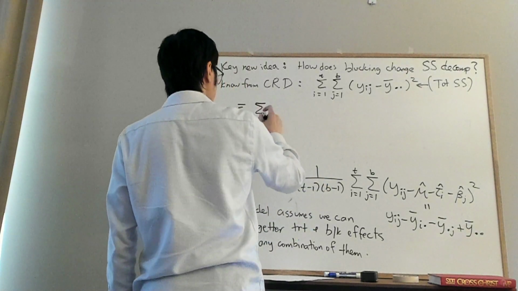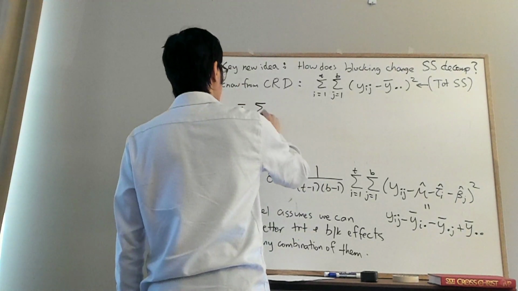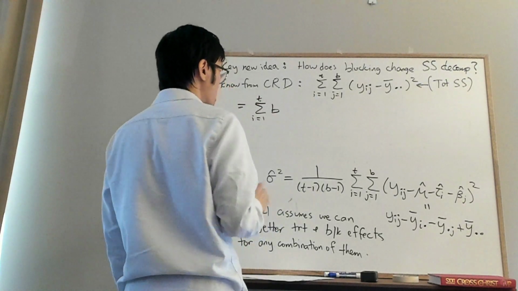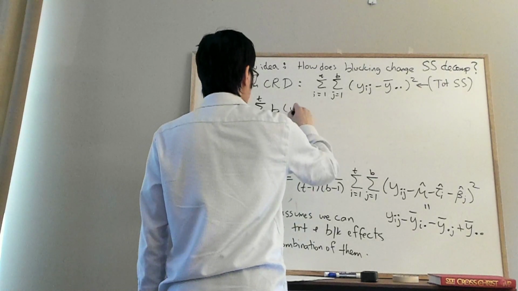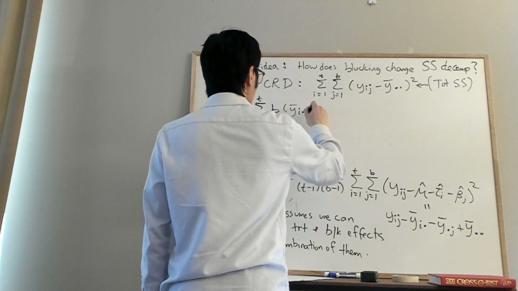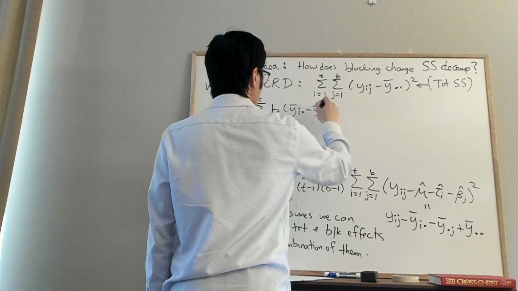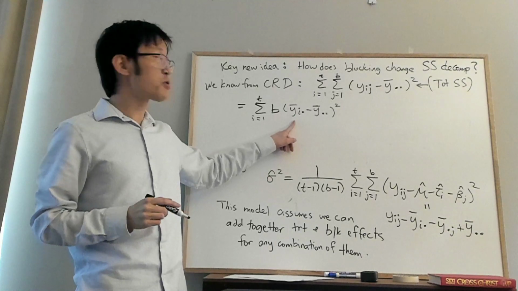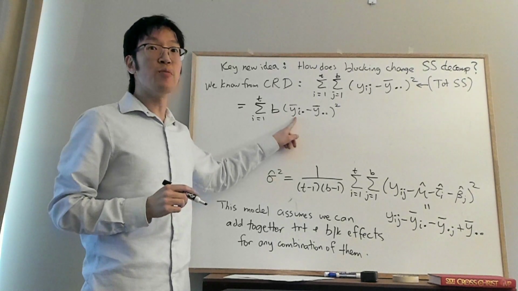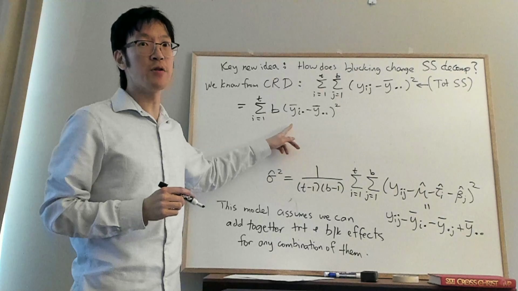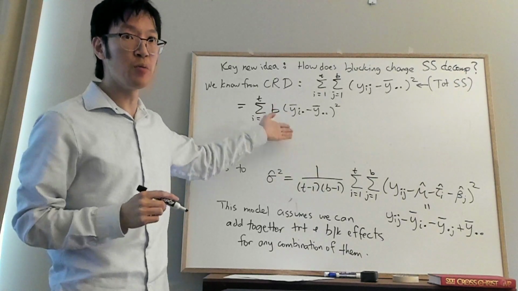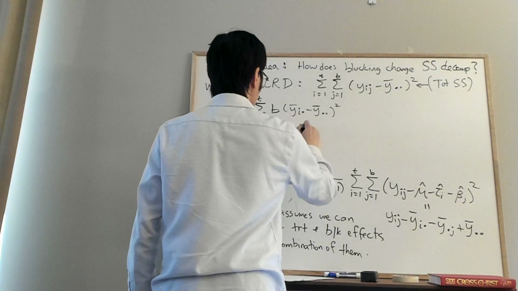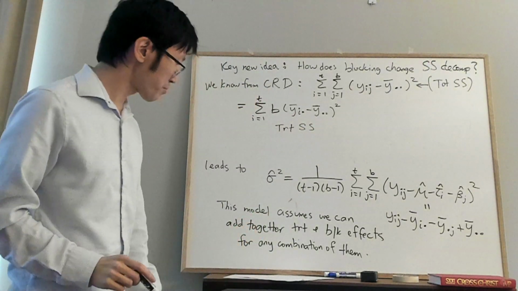Let me write this down as a reminder. It's now b instead of r, but otherwise this is still the treatment sum of squares. How to remember this is the treatment sum of squares? Because it looks at the difference of each treatment mean from the overall mean. Therefore, this is the sum of squares associated with the treatment means, or treatment sum of squares.